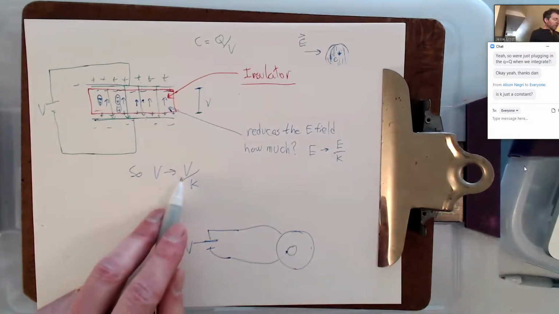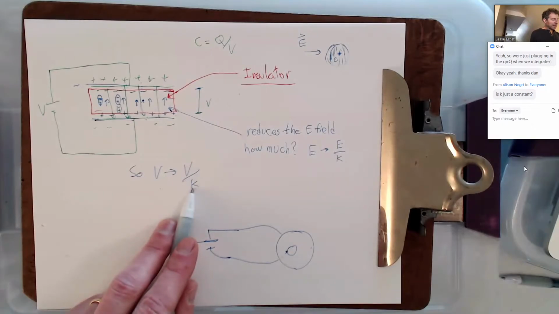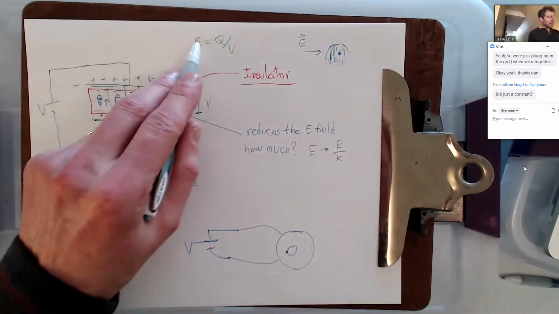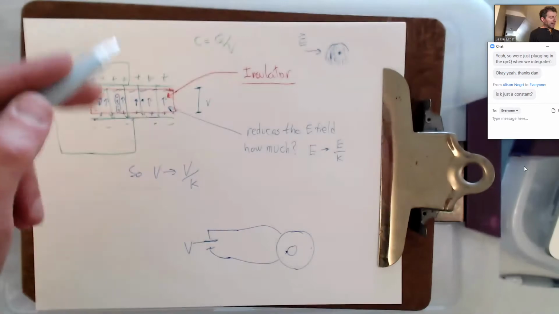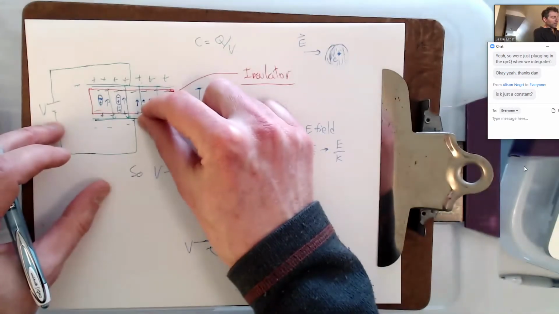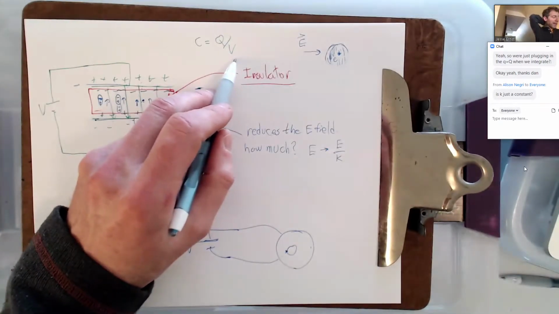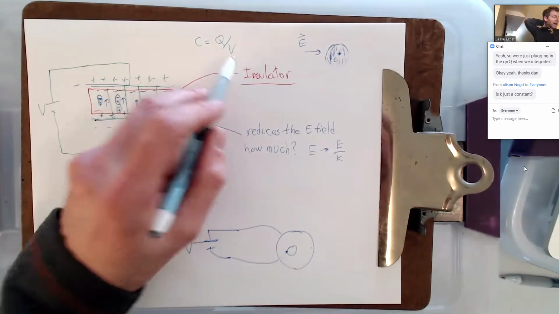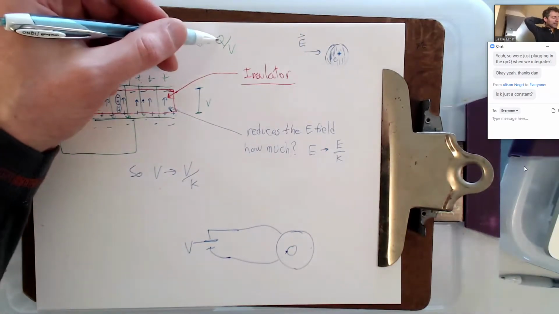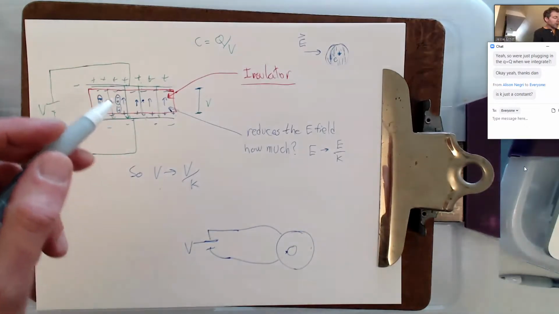So if the voltage goes down by a factor of K, right? C is Q over V. When I slip this piece of plastic or whatever it is in there, the voltage drops by a factor of K. Now I'm going to need to increase the amount of charge. You can see what happens.